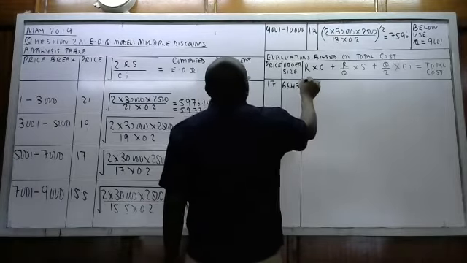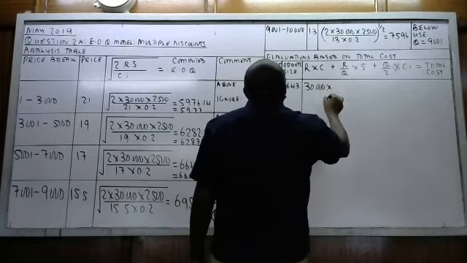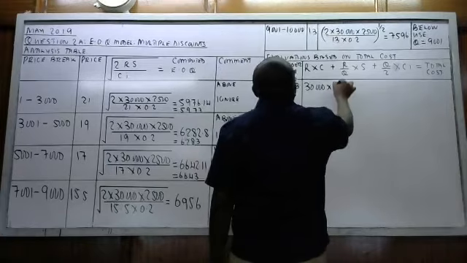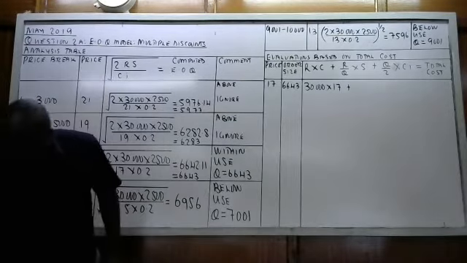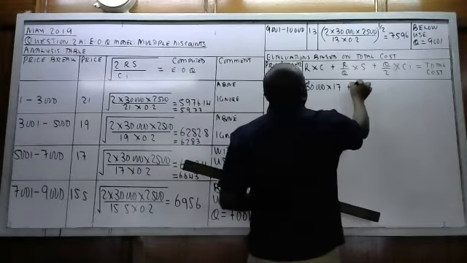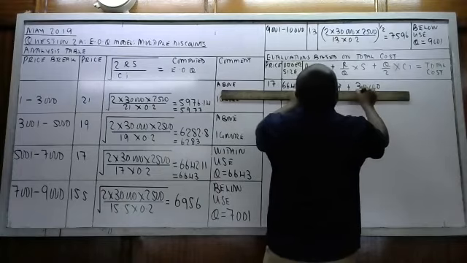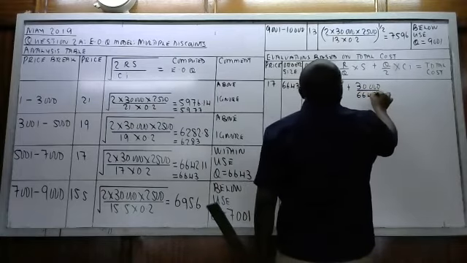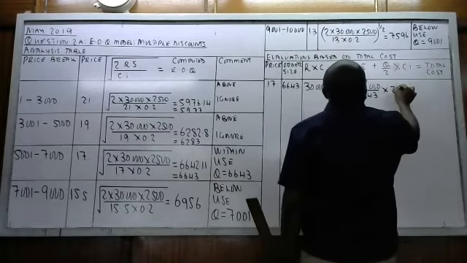So R is 30,000 multiplied by C. C is 17. Plus 30,000 divided by Q, Q is 66.43, multiplied by S, which is 2,500.